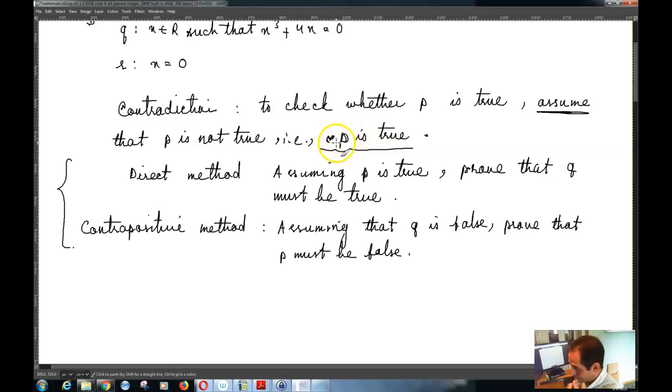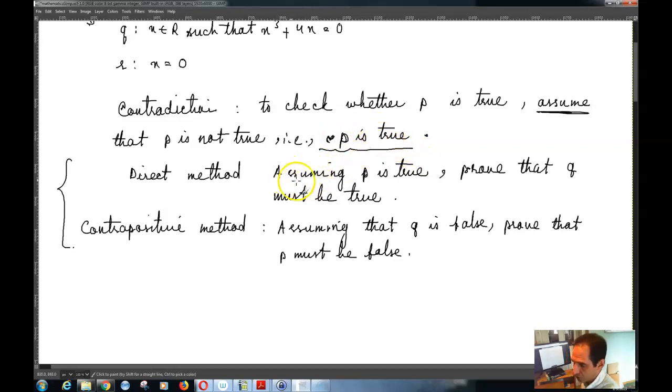So I could use the direct method. Assuming that P is true, if I prove that Q is true, that means I have proved that P is true, which is not what I want to do. I want to prove that P is false.